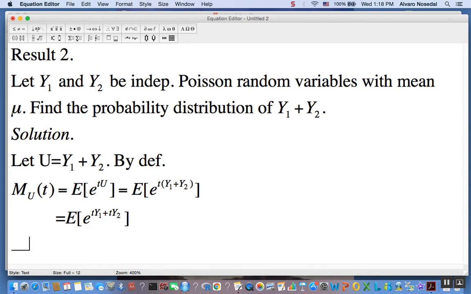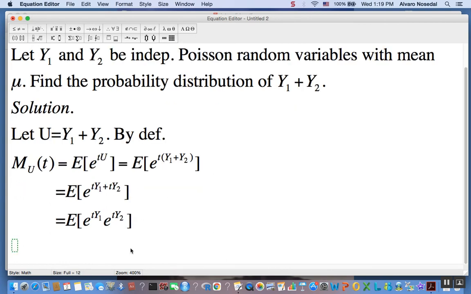Next, we could express this as a product of two exponentials, right? That's the same as e to the power t times y1 times e to the power t times y2, right?